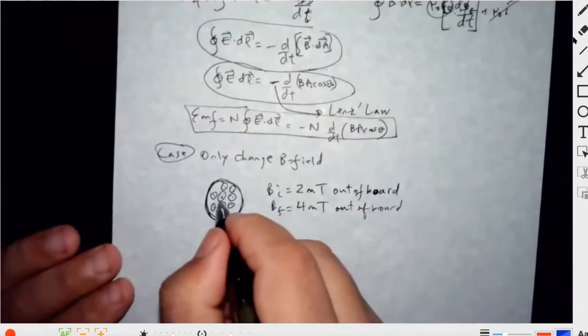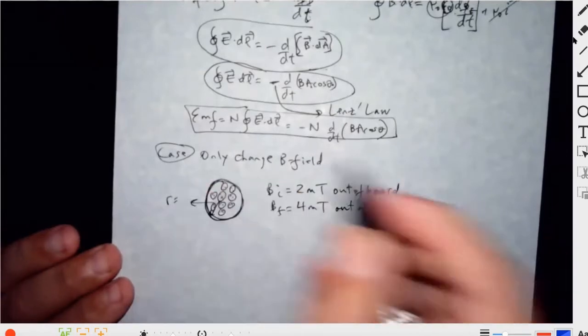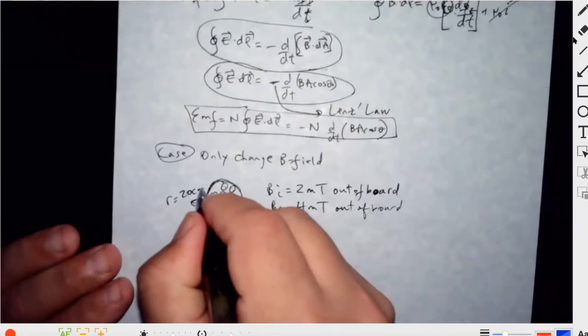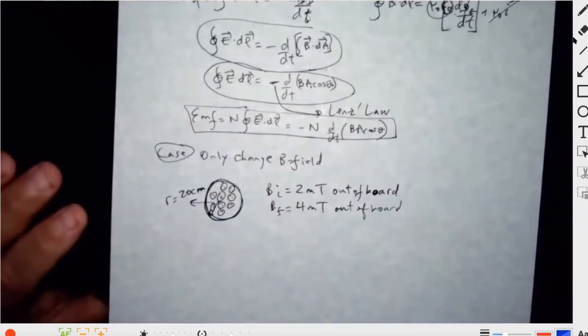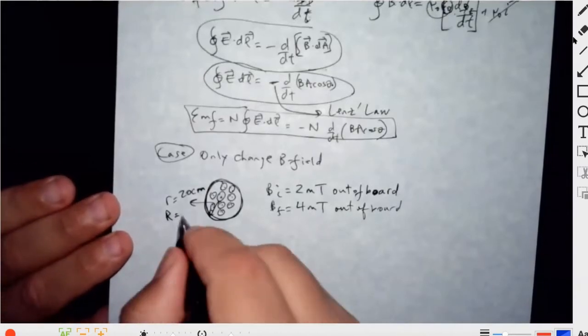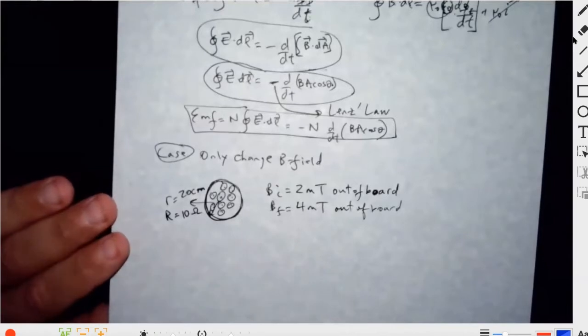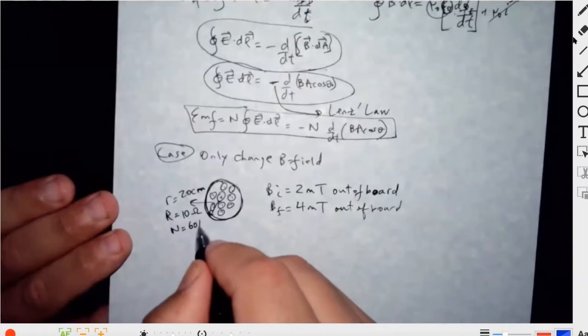And let's say the radius of this wire is 20 centimeters, and the resistance of the wire is equal to 10 ohms. And let's say the number of loops is 60 loops.